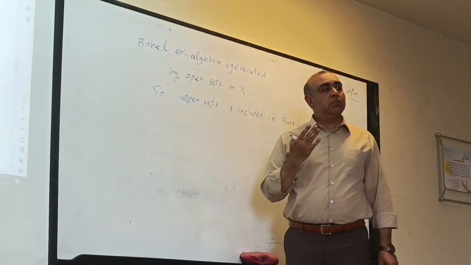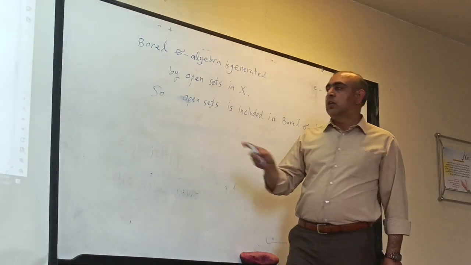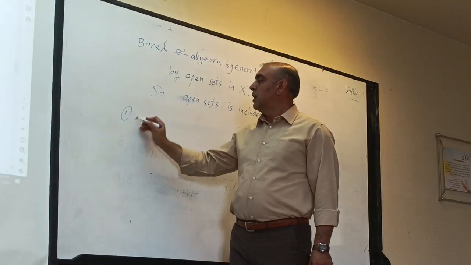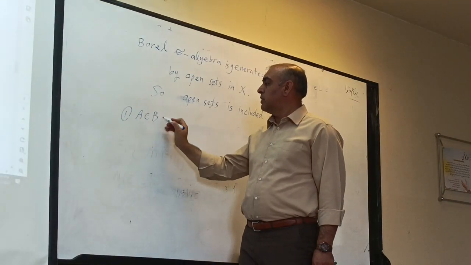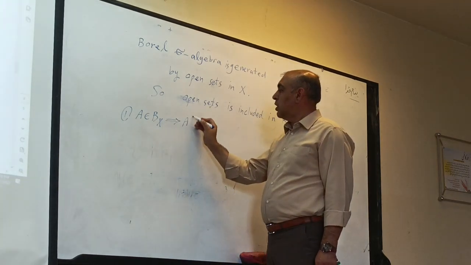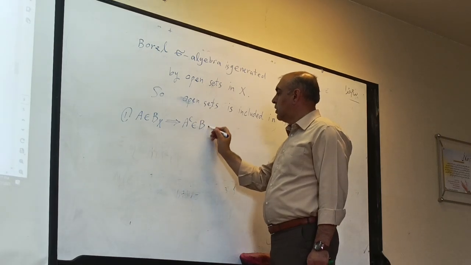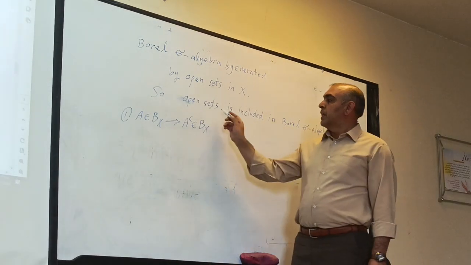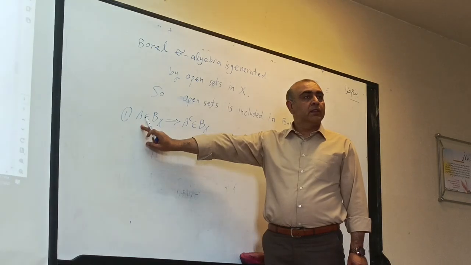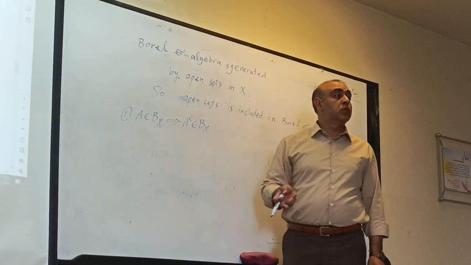A sigma algebra has two conditions. One condition is: if A is in Bx, then A complement is also in Bx. If A is open, then A complement is closed.